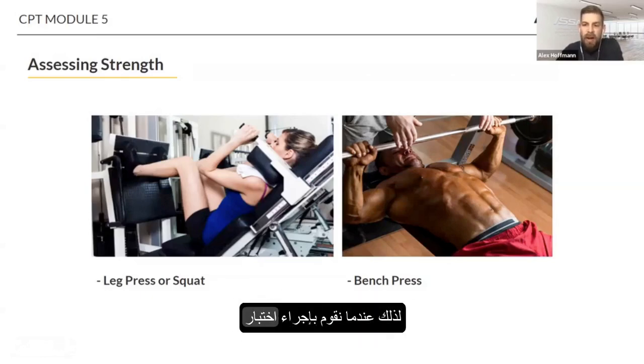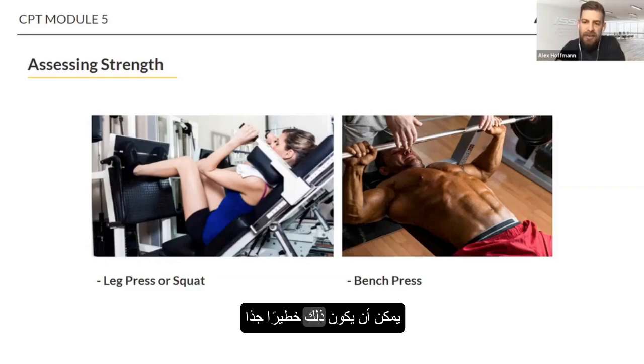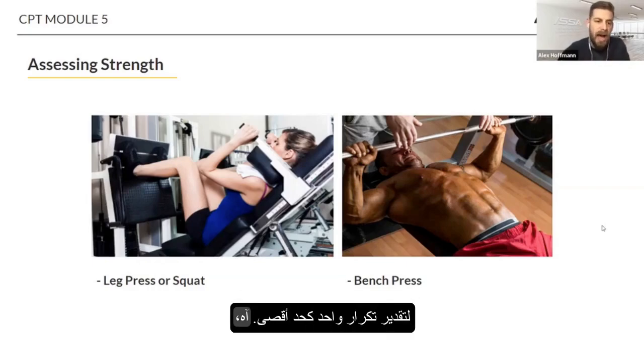So when we're doing 1 repetition max testing, a true 1 repetition max, so we're seeing how much a client can lift only 1 time, that can be pretty dangerous for a novice or intermediate trainee. And so typically we would use a 5 or 10 rep max test, and then we would use the results of that 5 or 10 rep max test to estimate the 1 repetition max. And we can show you how to do that here on this next slide.